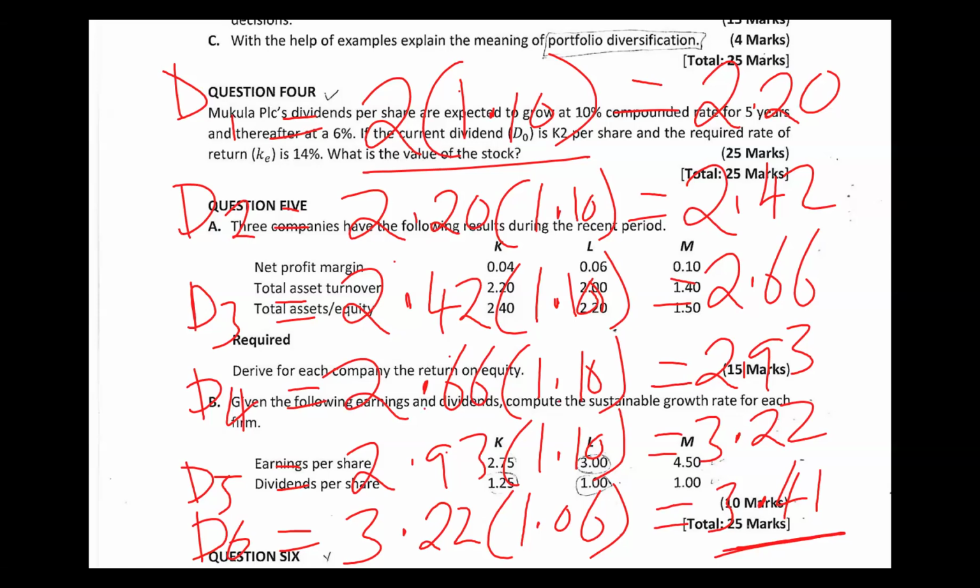So 3.22. We're raising it to the power what? There is no power, we are not raising to any power. It's at base. The mistake was raising to powers; we'll start raising to powers when we start discounting. These are just future values. We're just finding the future value. You get the point?